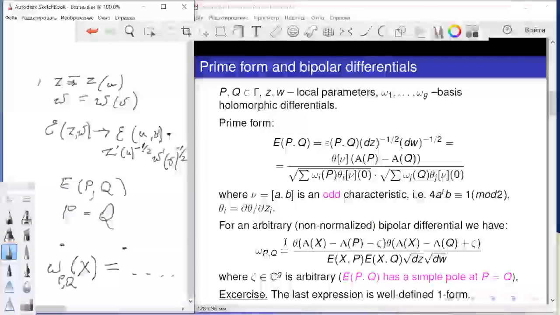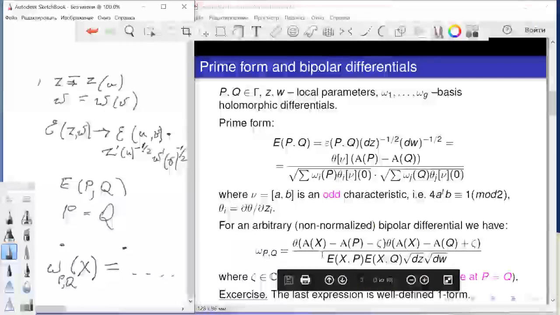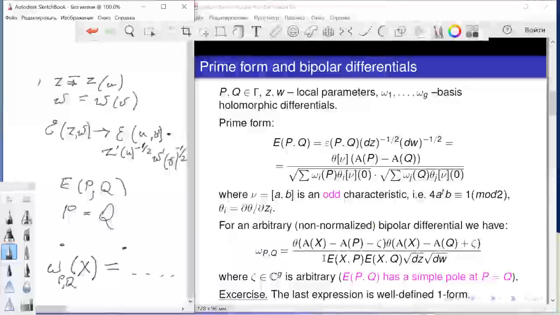For this purpose, we use the known quasi-periodic behavior of theta. And there is a certain quasi-periodic behavior of E, which I didn't tell anything about.